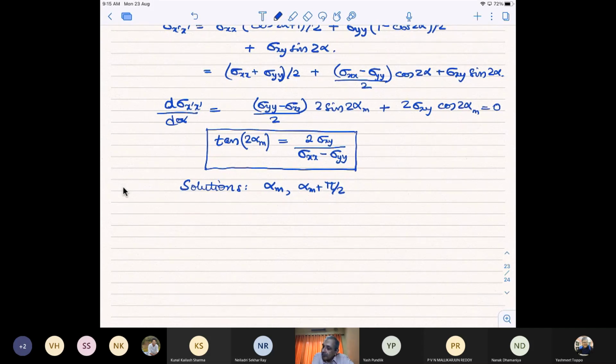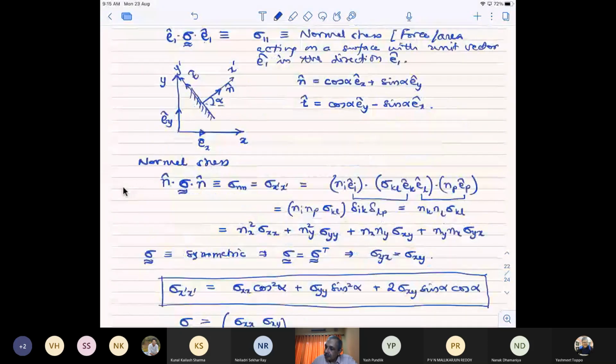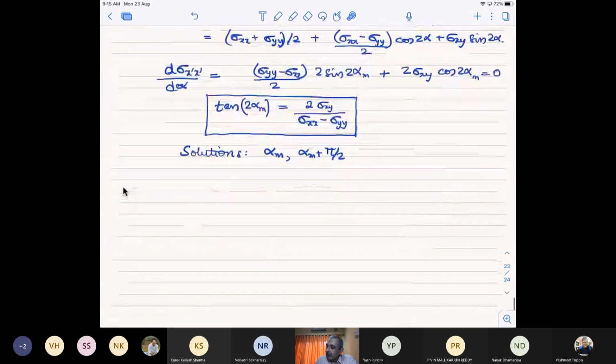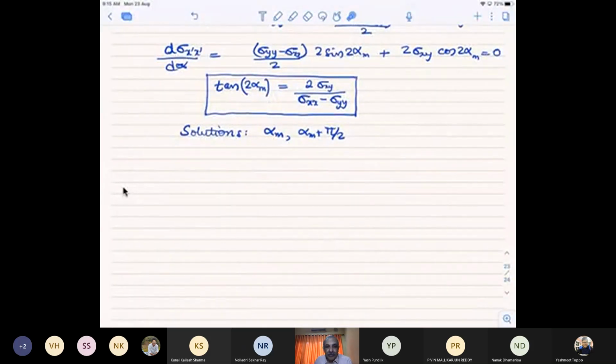What we are saying is that if the shear stress is 0, then the original axes x and y are the principal axes. When alpha m is 0, x prime is the same as x and y prime is the same as y. So x is the major principal axis and y is the minor principal axis. It will be maximum along x and minimum along y.